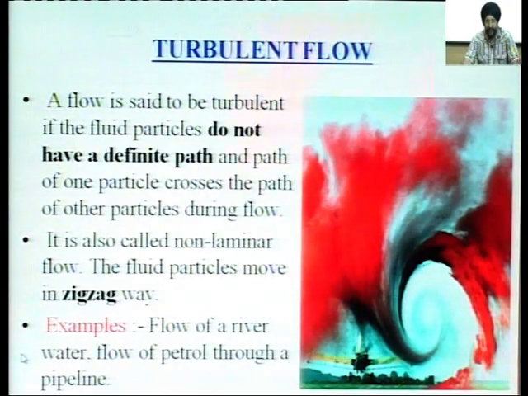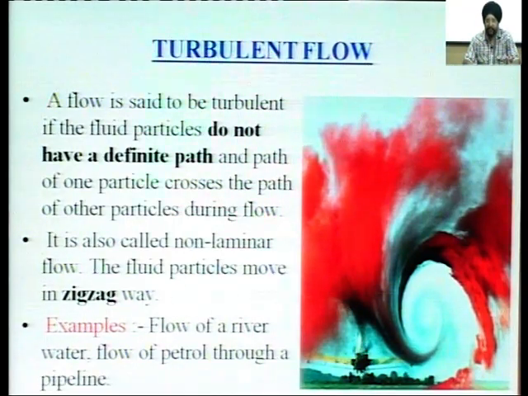You must have observed that in a river the flow is never laminar. Most of the time it is turbulent in nature. And the flow of petrol through a pipeline is again a good example of turbulent flow. So these are two different types of flows, the laminar one and the turbulent one.